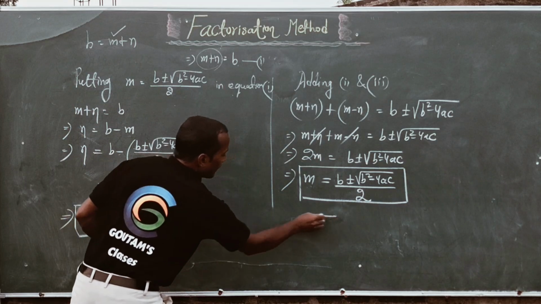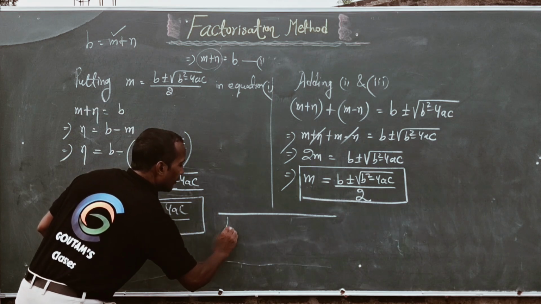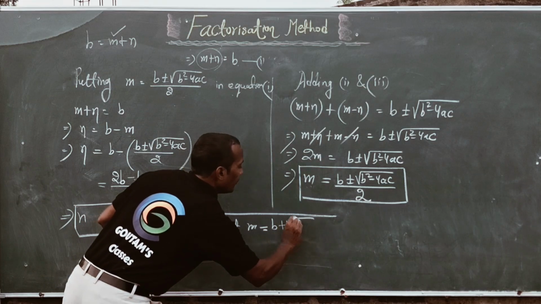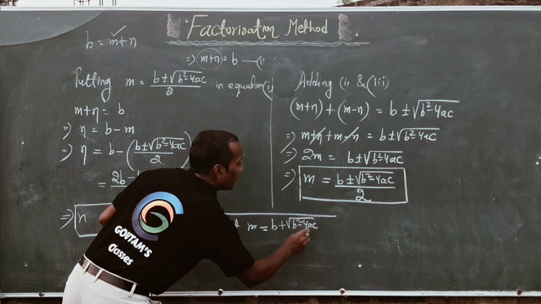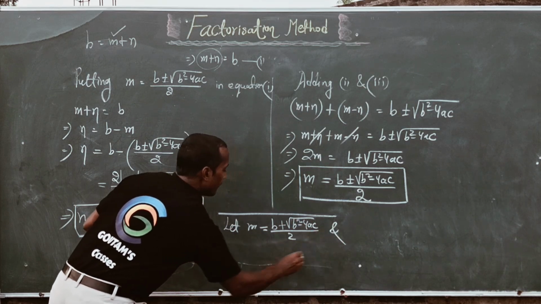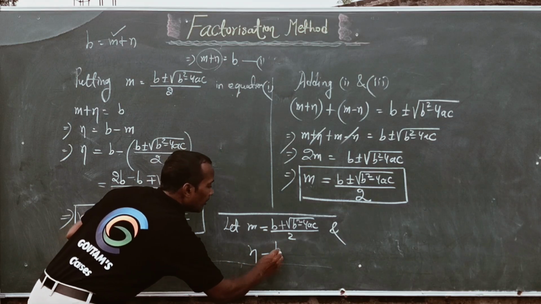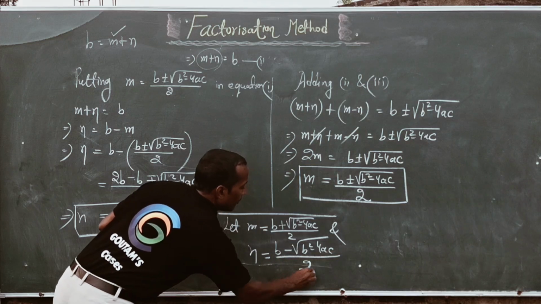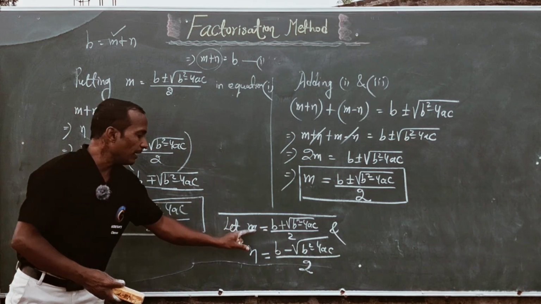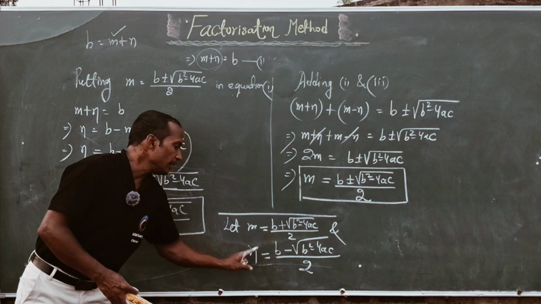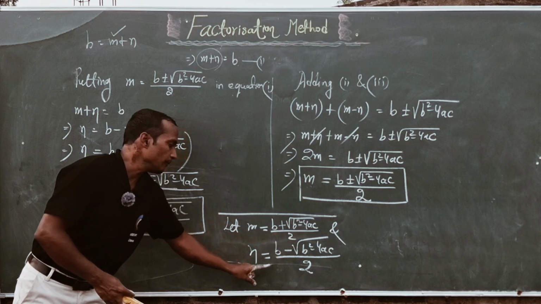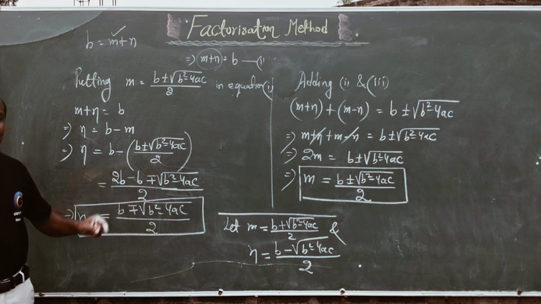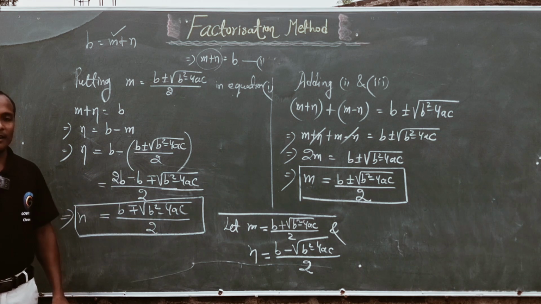So for our next part, I will take m as b plus root b square minus 4ac by 2 and n as b minus root b square minus 4ac by 2. I will use this too. You can take m as b minus root b square minus 4ac by 2 and n as b plus root b square minus 4ac by 2. I have taken like this. So this we will now use for factorizing our standard form of quadratic polynomial.